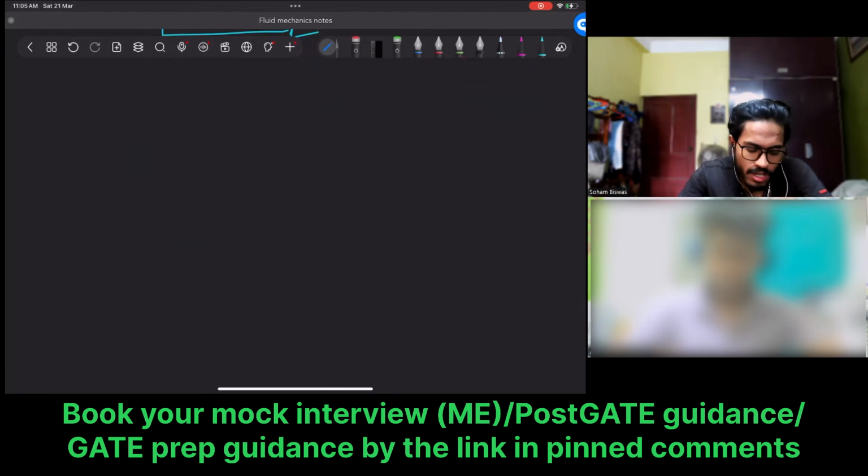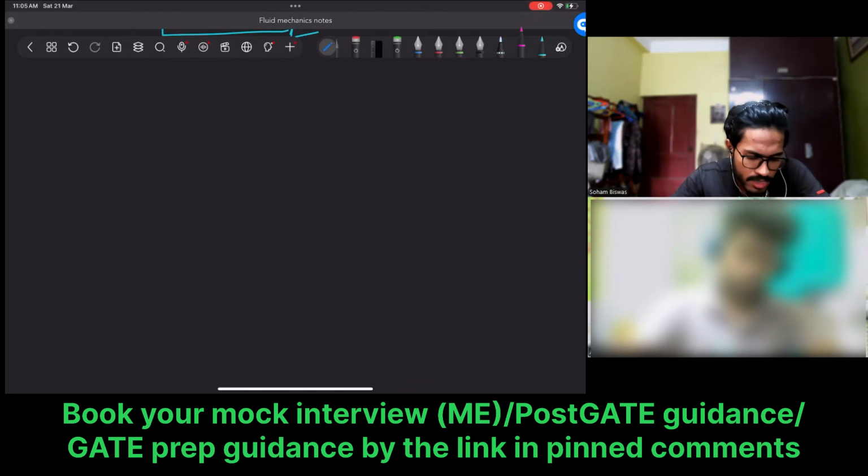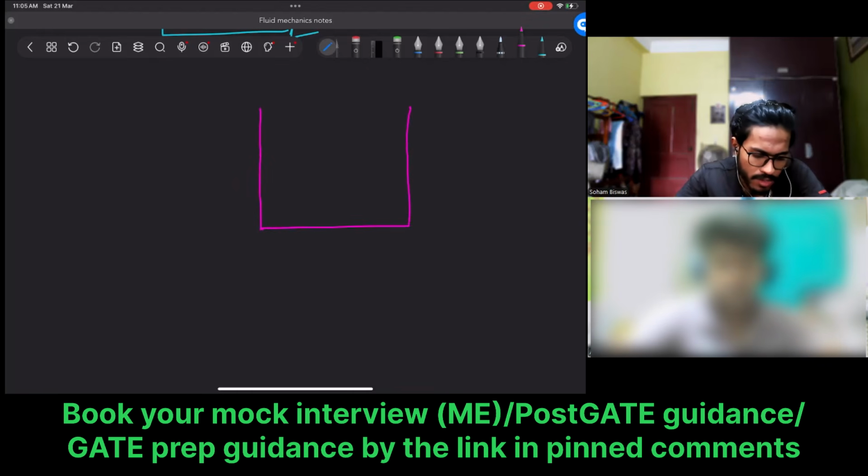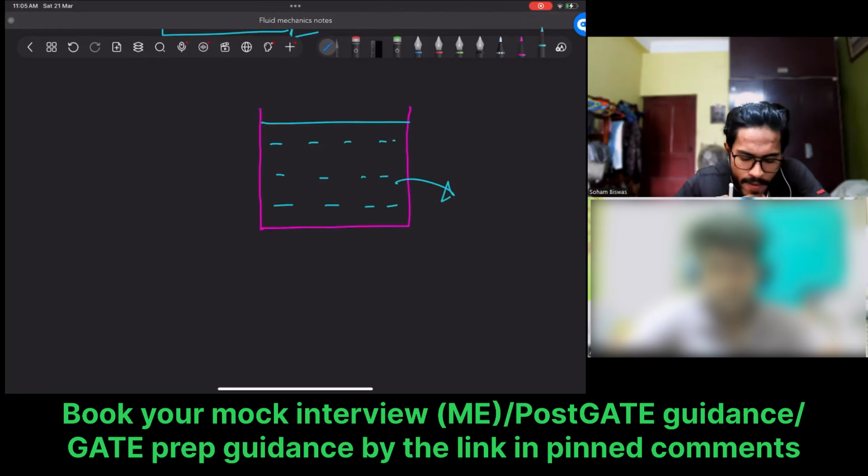Okay, we will do some thermodynamics here. If I have a beaker in which I have some water, this water is at minus... water cannot be at something minus.